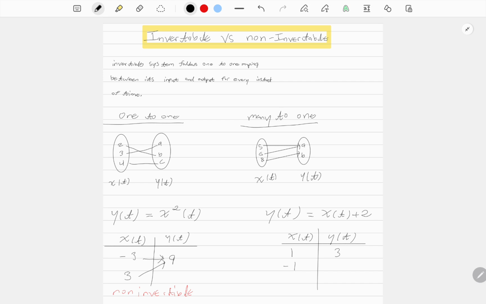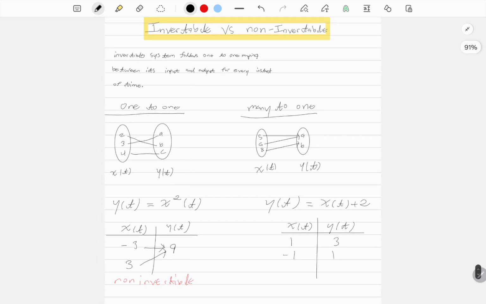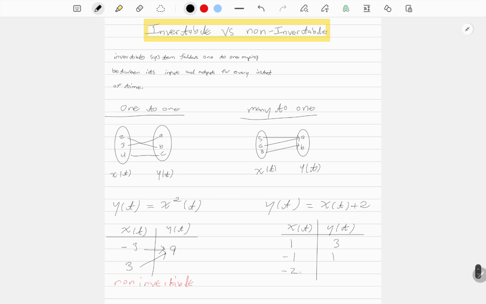Minus 1 plus 2 is 1. And let's say you plug in minus 2, you get 0. And let's say you plug in 0, you'll get 2. You can see that for every input, we're getting unique outputs. There's different outputs for every input. So this system is invertible since it follows one-to-one mapping.